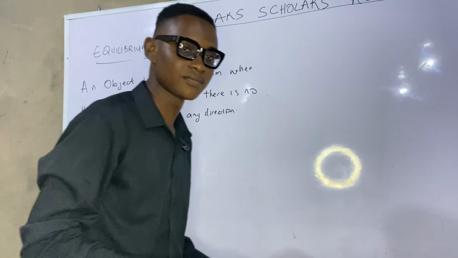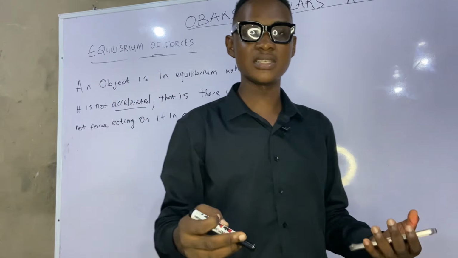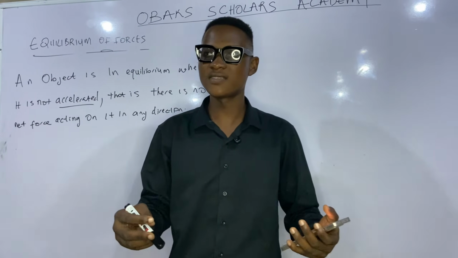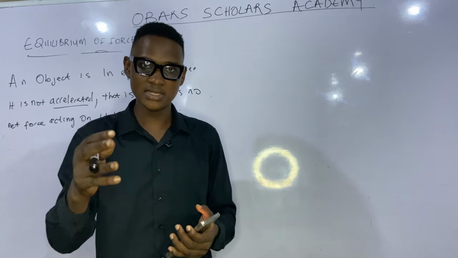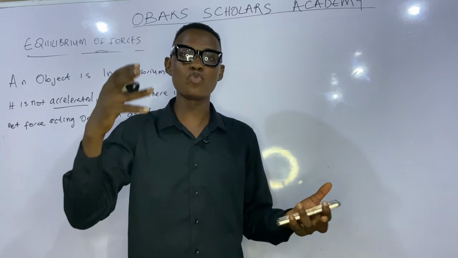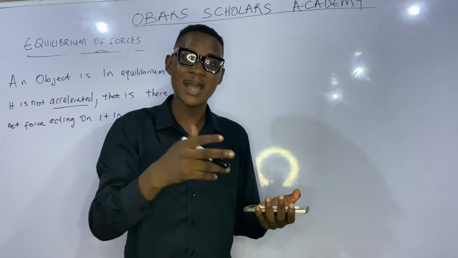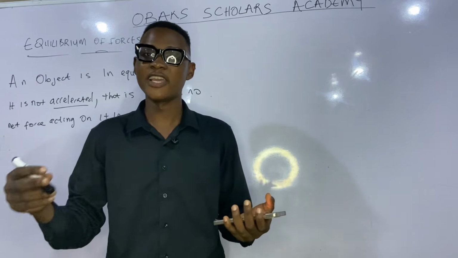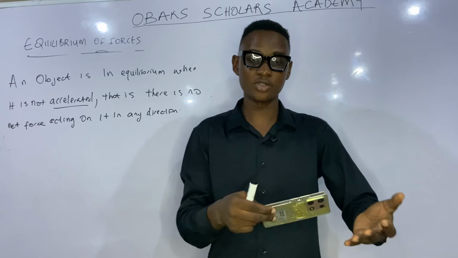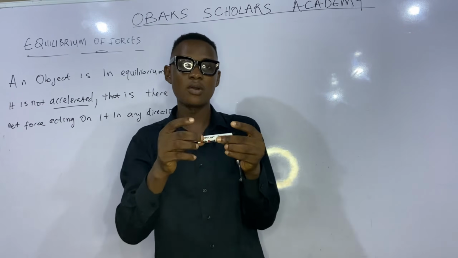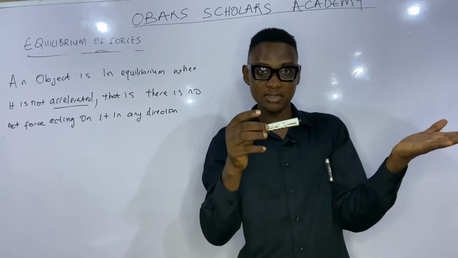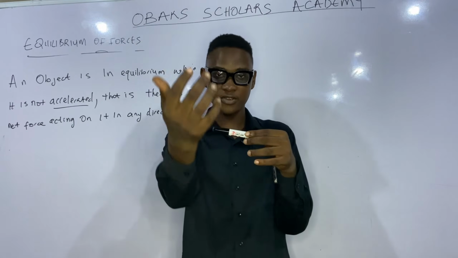This is telling you that there are some objects in which we have several forces acting on it in different directions. But when you calculate the net force acting on that body, it will be equal to 0. For example, let me give an illustration now. This is this marker. I have my right hand and my left hand from where you are viewing though.